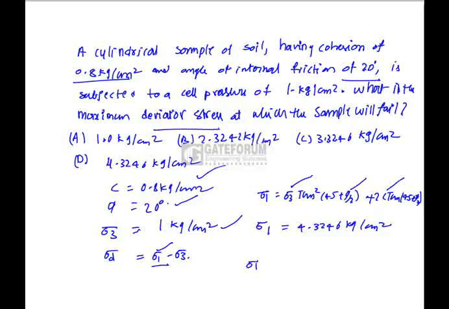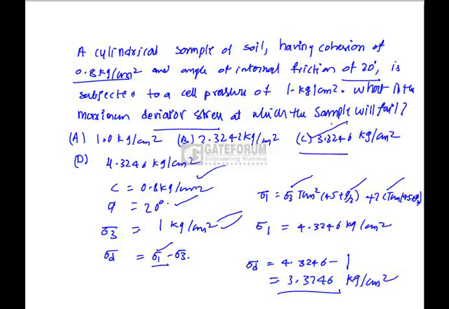So sigma d is equal to sigma 1, which is 4.3246, minus sigma 3, which is 1, so 3.3246 kg per centimeter square. So option C is correct.